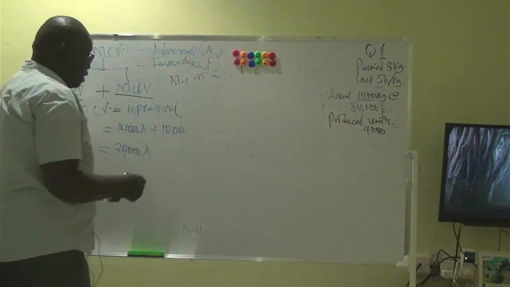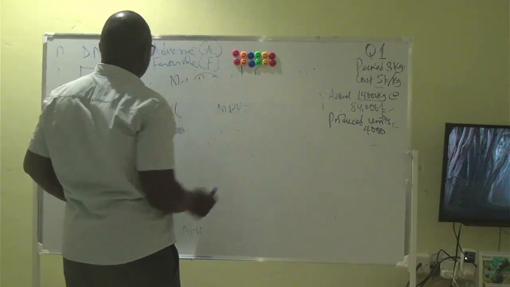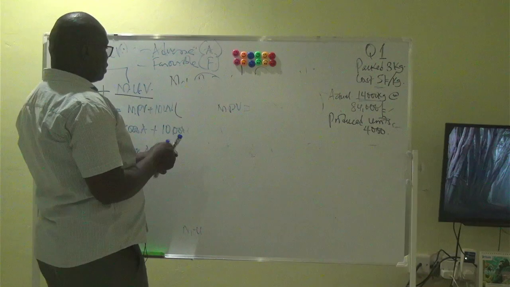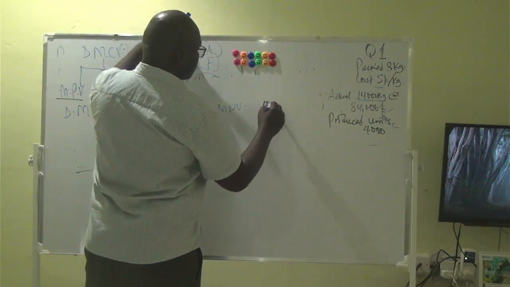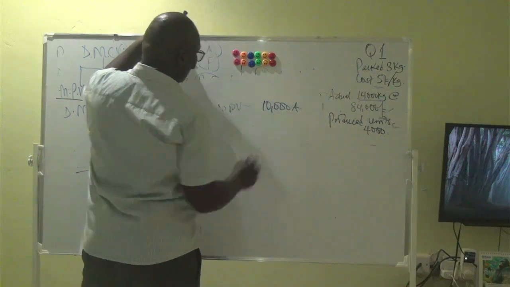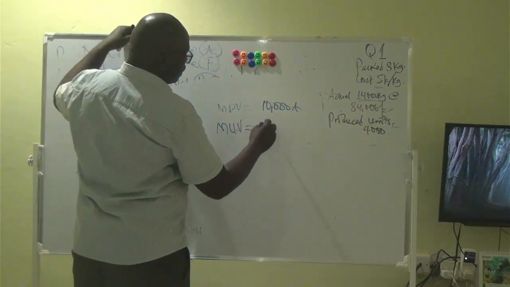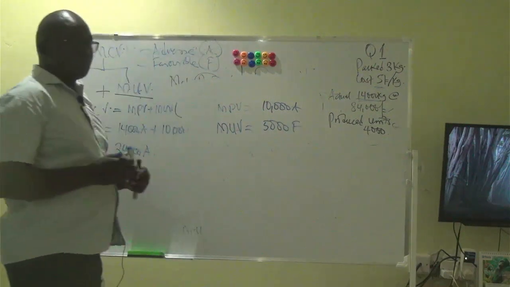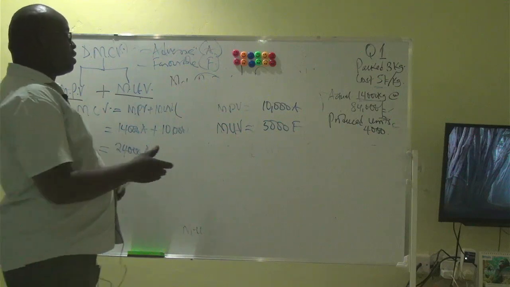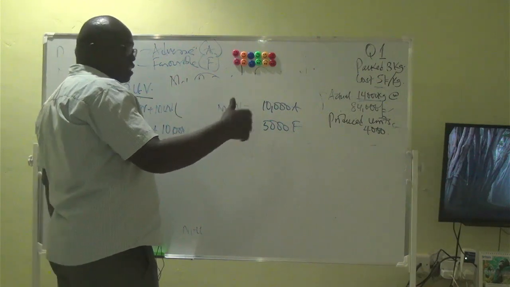Assuming that our material price variance was, let's say, 10,000 adverse, then our material usage variance is 5,000, but now favorable, because we have realized that we used fewer units than what we had anticipated to use.